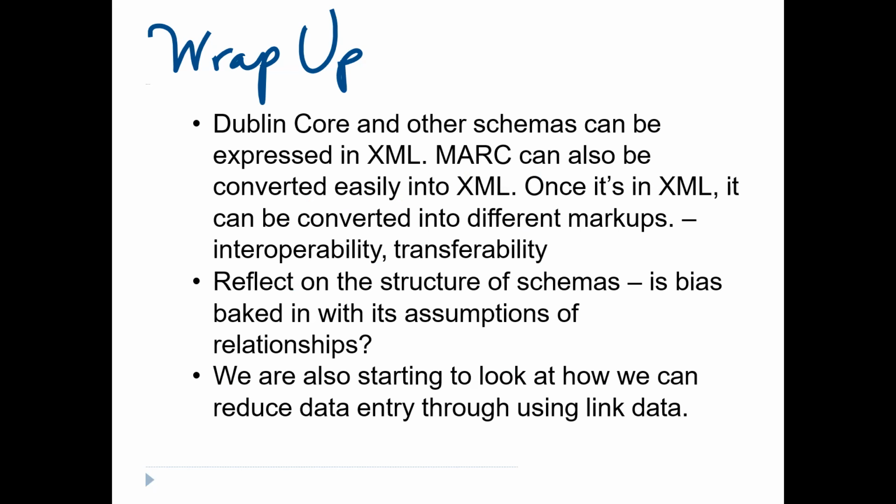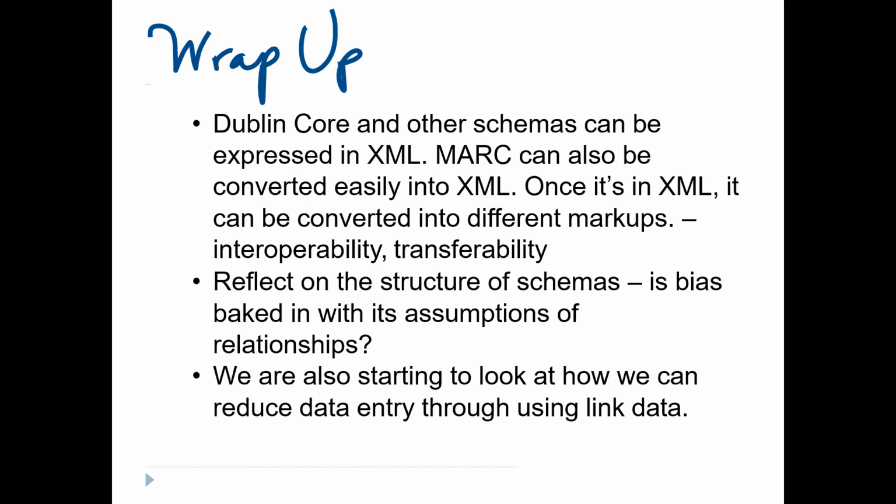The other thing to think about is that we are starting to look at how we can use linked data more. I mean, we have been looking at that for a while, but to think about that in terms of how that may work with your best practices for your schema. So would you have a particular standard as part of your choice for an element? Would that standard perhaps be to use a URI, so use a link?